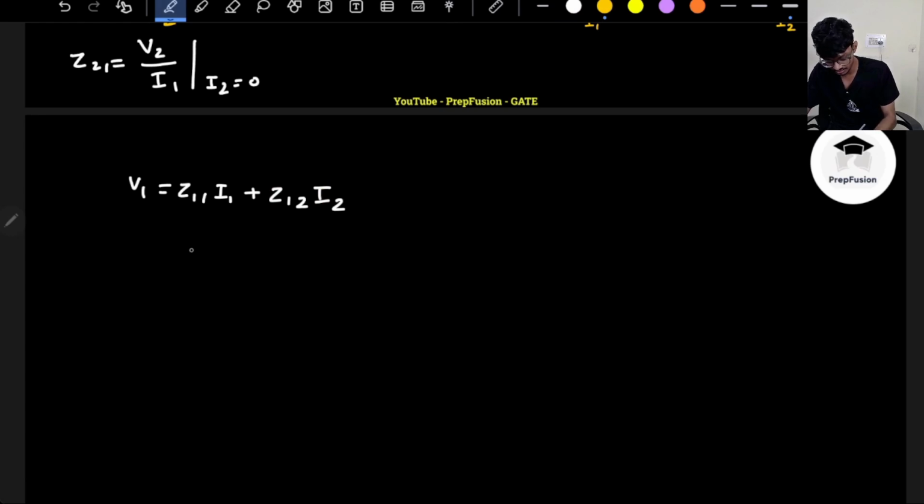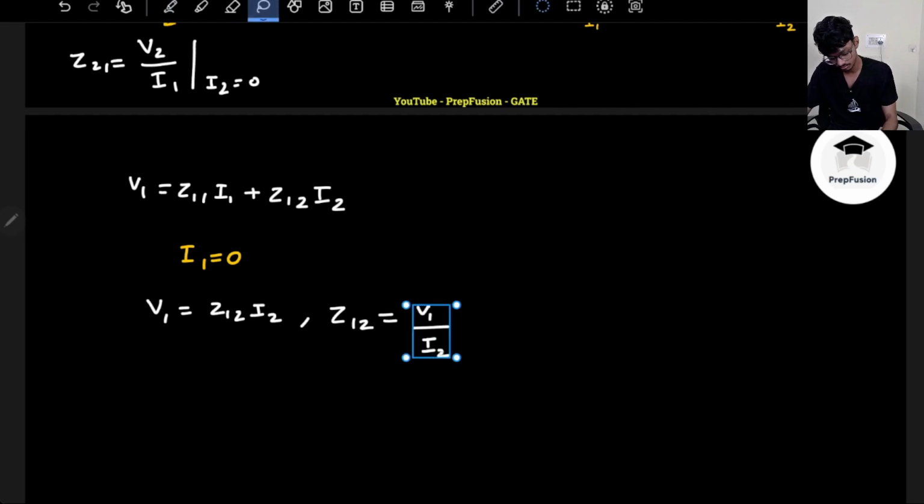If I make I1 0, then my V1 will be equal to Z12 I2, or my Z12 will be equal to V1 by I2.